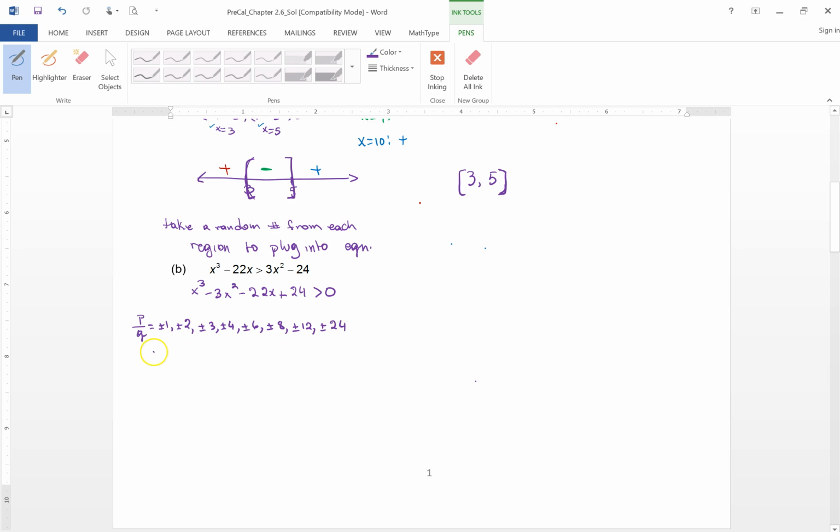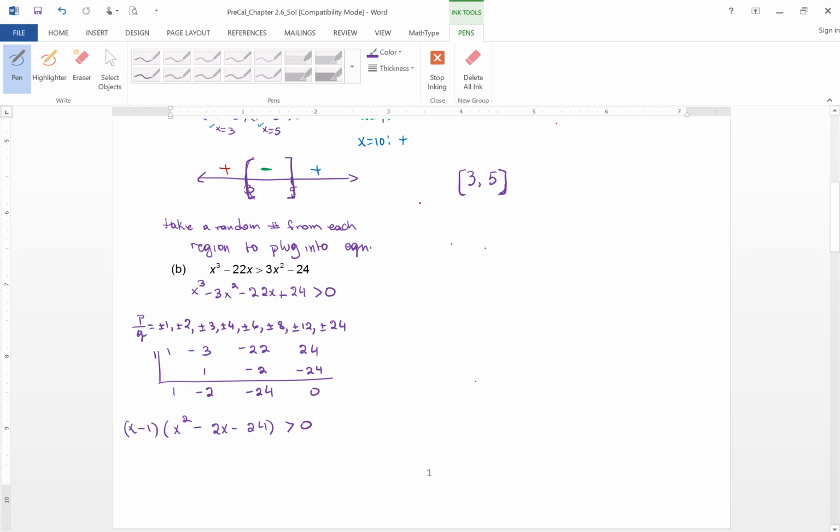All right, so let's do synthetic division with 1. 1, negative 3, negative 22, 24. Negative 2, negative 24, negative 24. Hey, it works. All right, so x minus 1 times x squared minus 2x minus 24 is greater than 0.